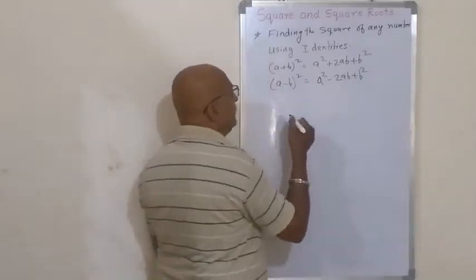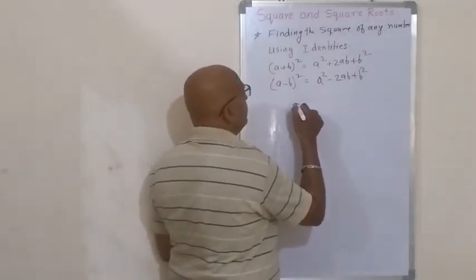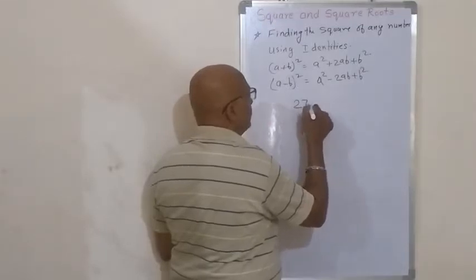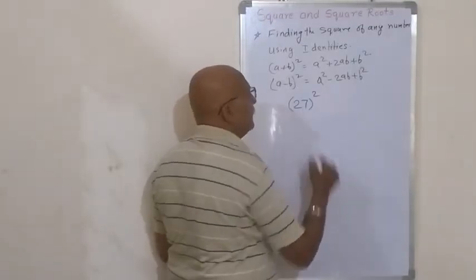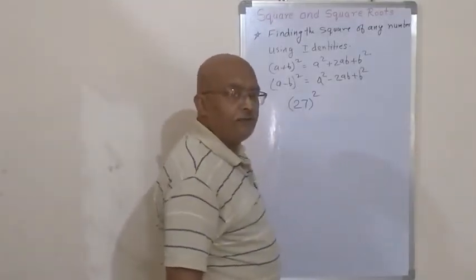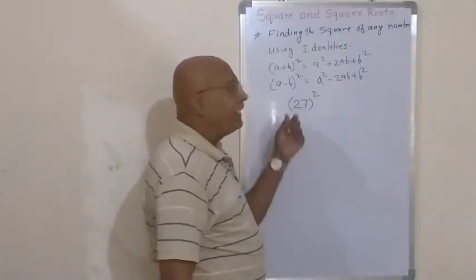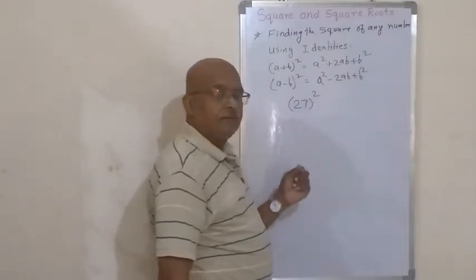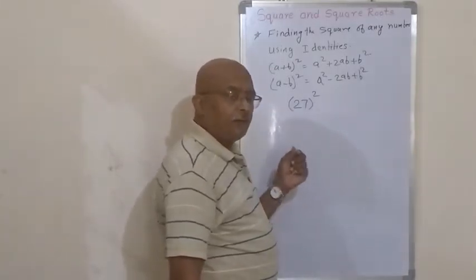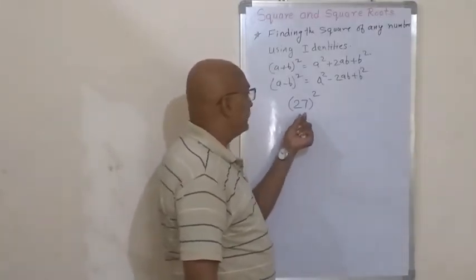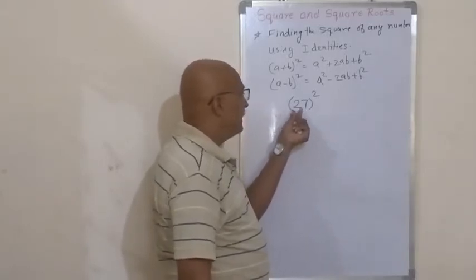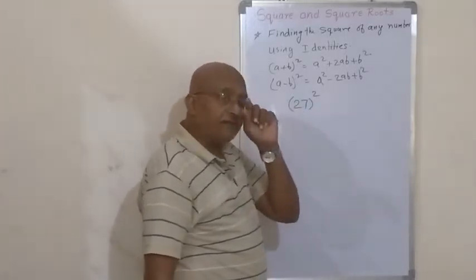Now for example, I will take one example. Let us find the square of say 27. 27 square. Now see the number and see the nearest number, or we can say 20 and 30, where the ones place is 0.